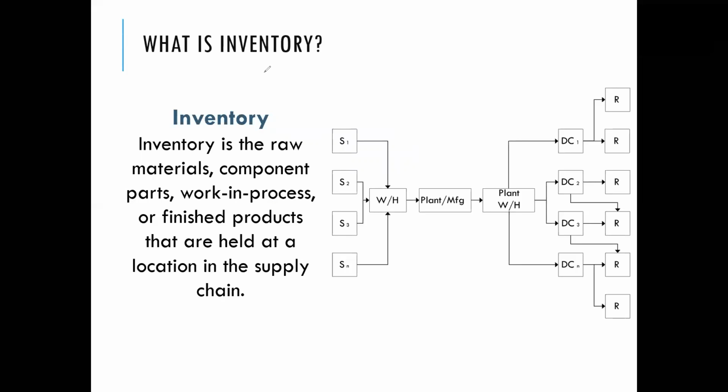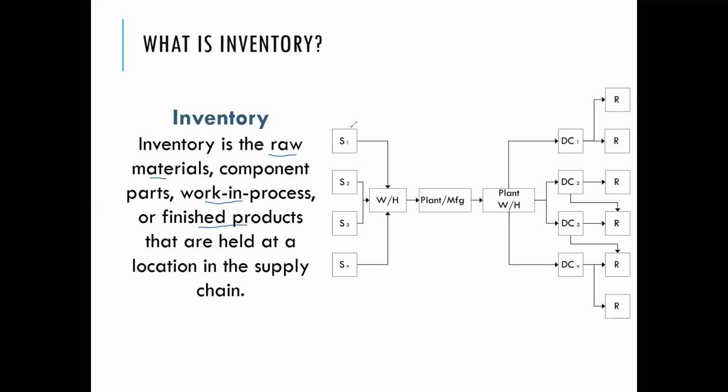Inventory generally relates to the items that we have stored, right? They could be in different forms. So it could be stored in the form of raw materials. It could be stored in the form of work in process items, or it could be stored as finished products as well. But generally, whenever we store items, they are called inventory, and inventory exists everywhere.